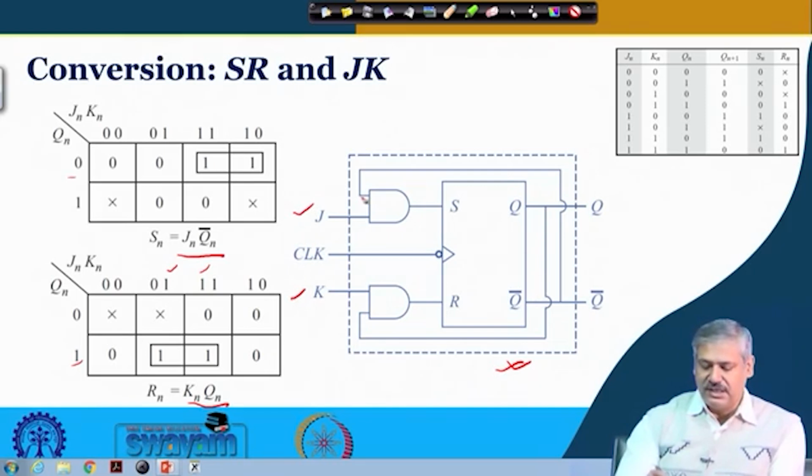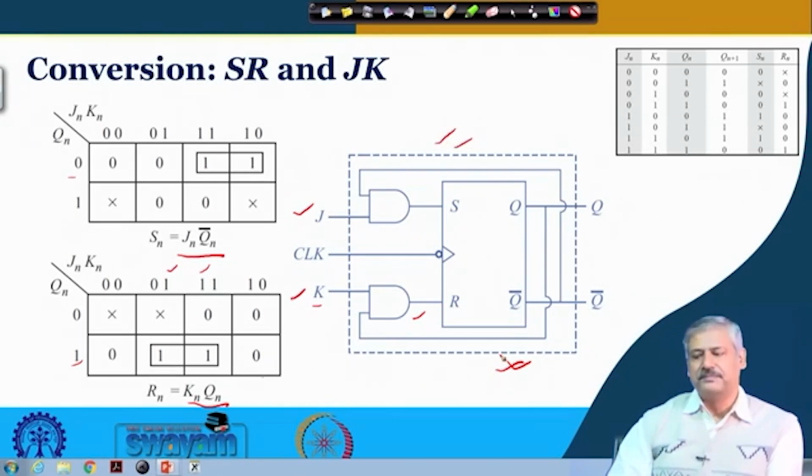In one case J is ANDed with Qn bar and the connection is fed as S, and in the other case K is ANDed with Qn and fed as R. This whole block which you see in the dotted box is your final converted circuit.